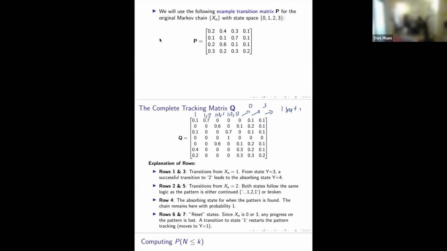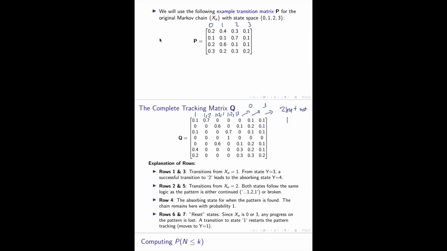Sorry, wait, it's 2, but not 1. And this is 0, 1, 2, and 3. So I don't deny that writing down this Q is a painful task. But we have to appreciate why it's painful, and this is the best we can do. Then we just sit down and do it.